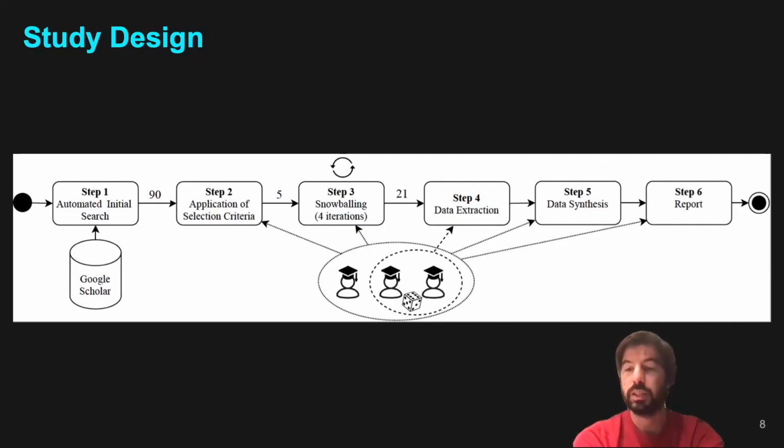Then we performed 4 iterations of both forward and backward snowballing, leading to a final set of 21 papers, which were our primary studies. Then we performed data extraction and data synthesis, where we also did open coding, and we wrote the report. Now I will hand over to Roberto, who will talk about the results of our study.